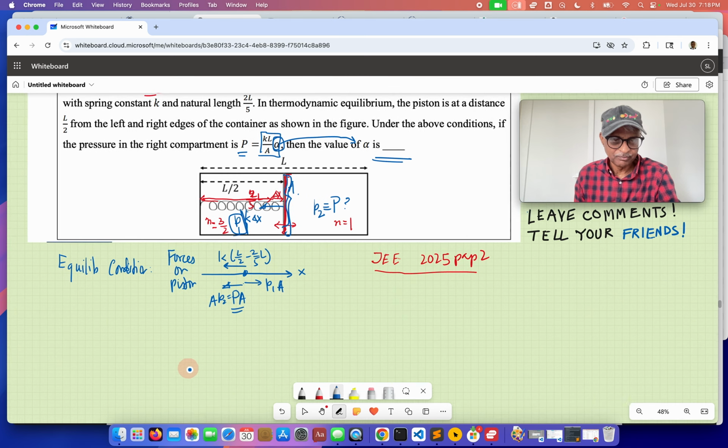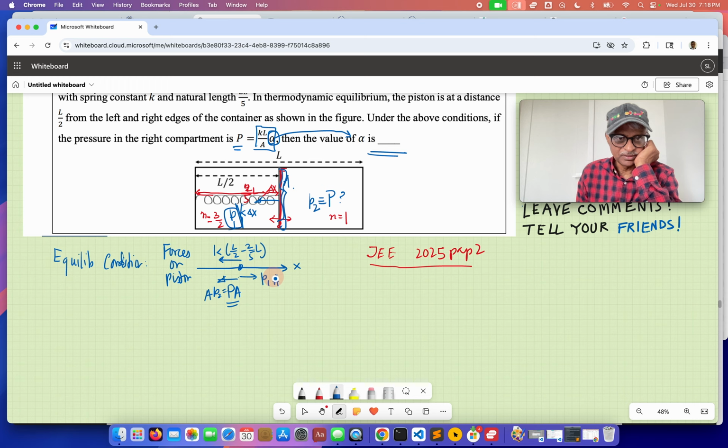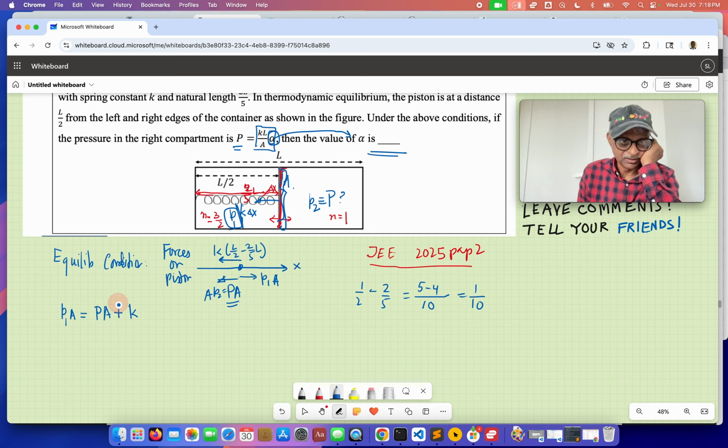So this must equal this plus this. P1 A must equal PA plus K times, half minus 2/5, which is 5 minus 4 over 10, so 1/10.